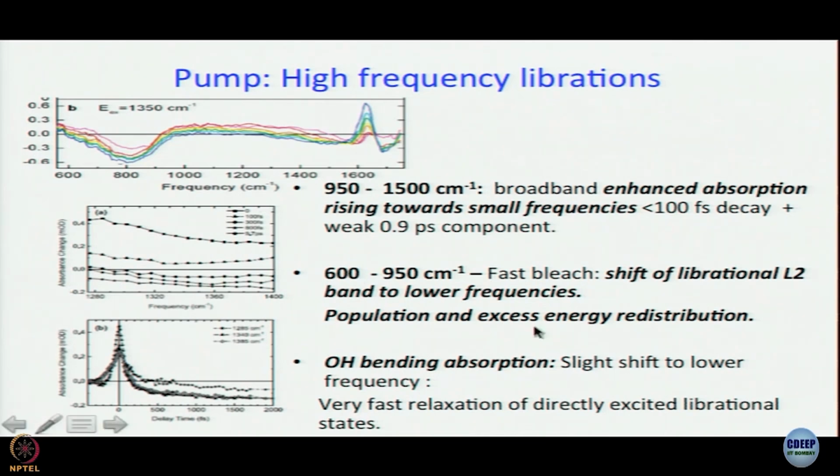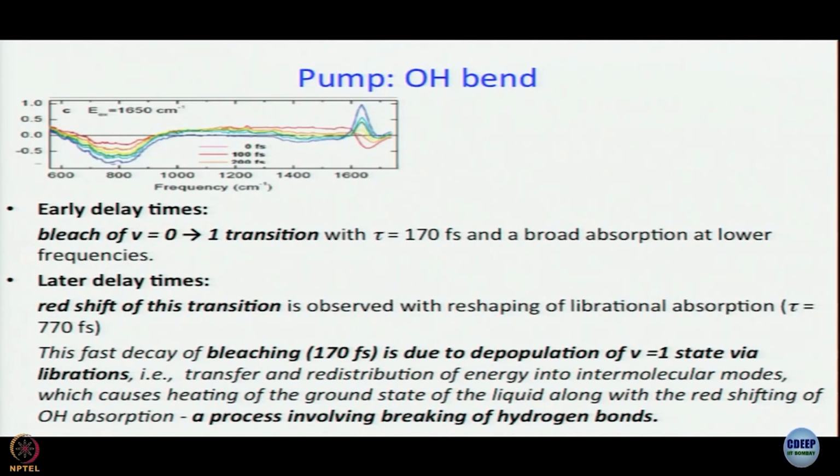And OH bending absorption, there is a slight shift to lower frequency, that we have already discussed why. When you excite OH bend, then in early time you get a bleach of V equal to 0 to V equal to 1 transition, time constant is 170 femtosecond, broad absorption at lower frequencies.